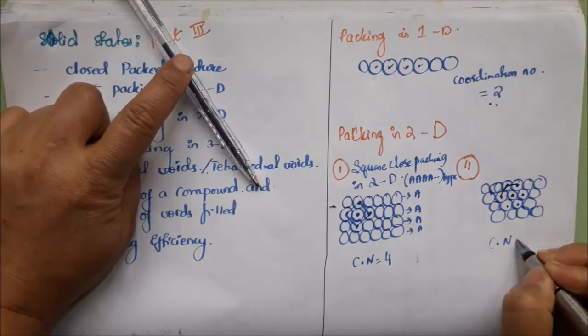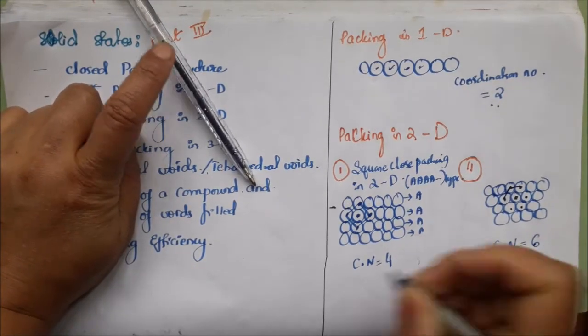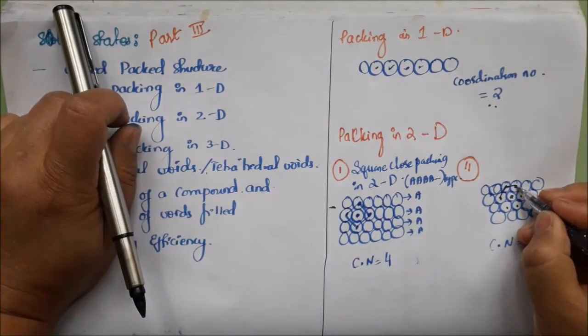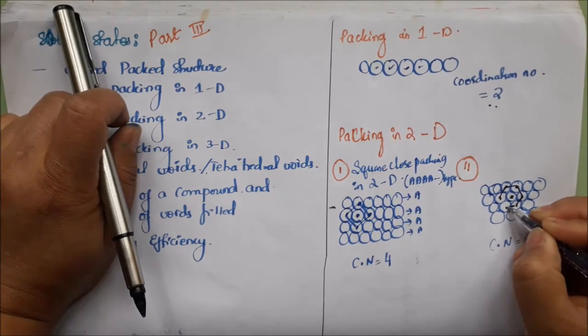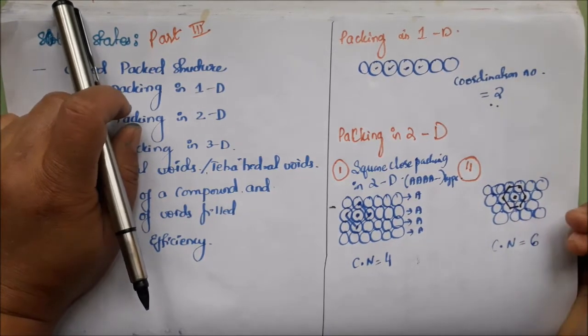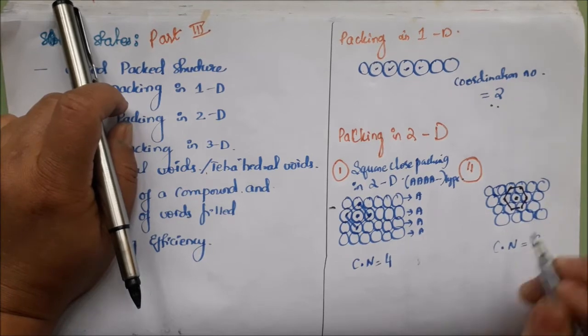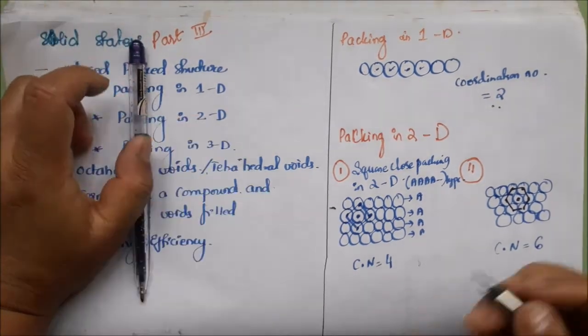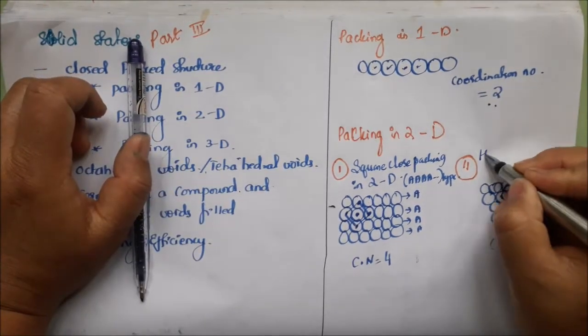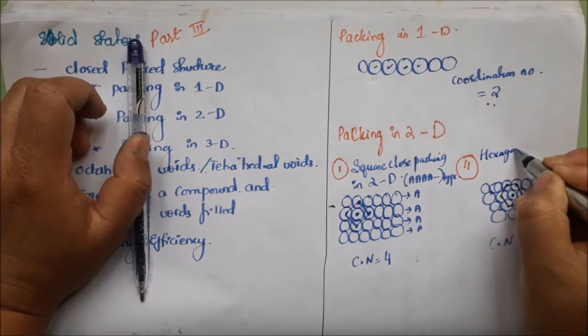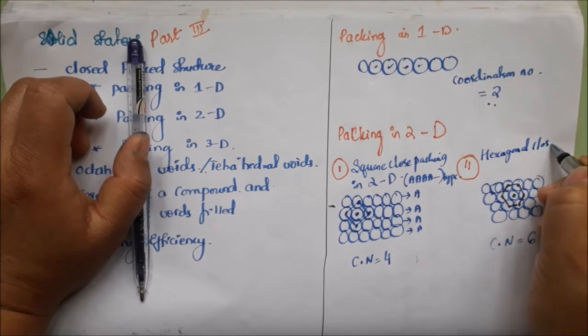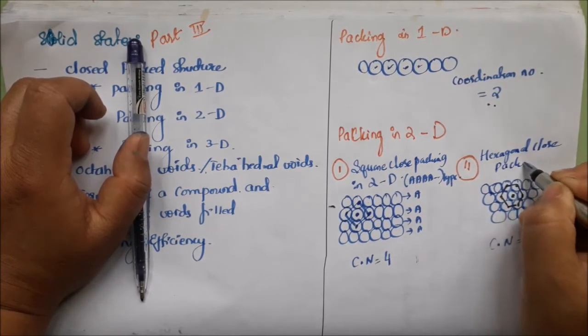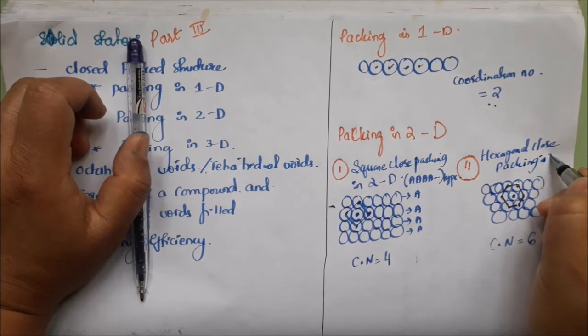Coordination number in this case is 6. Now if you join the centers of all these neighboring particles, what do you get? A hexagon. So this is called hexagonal close packing in two dimensions.